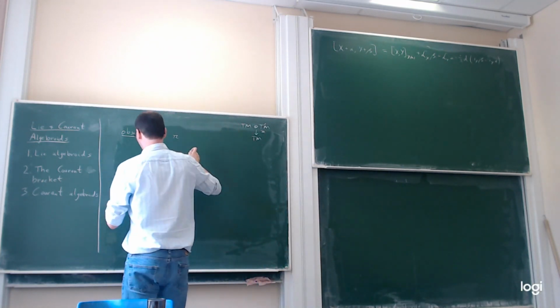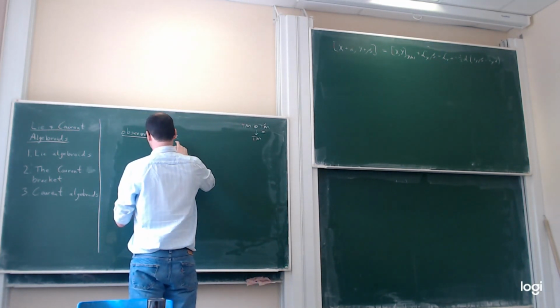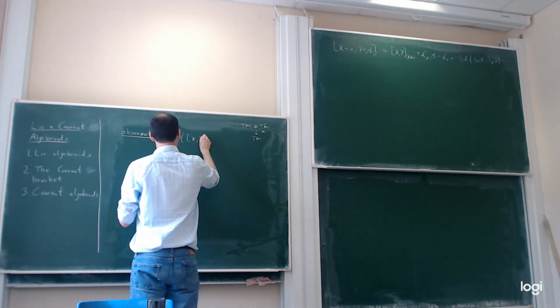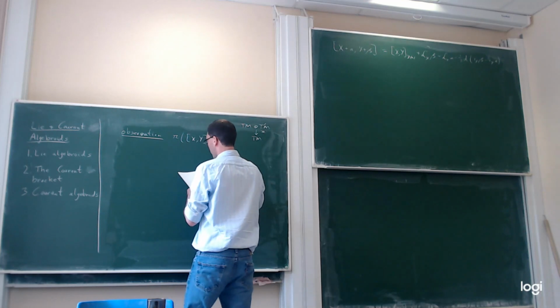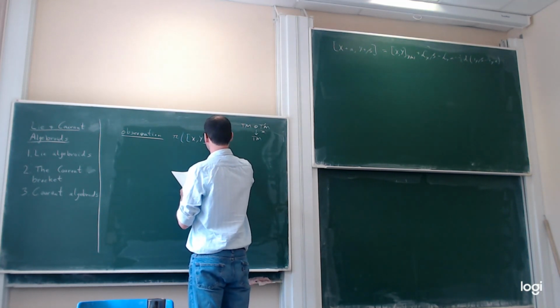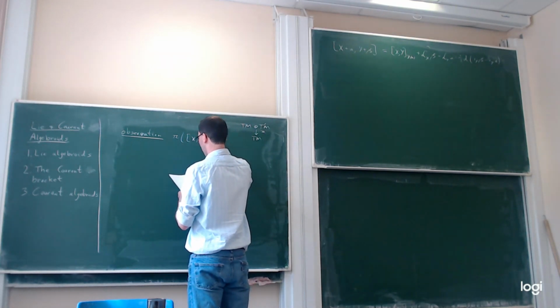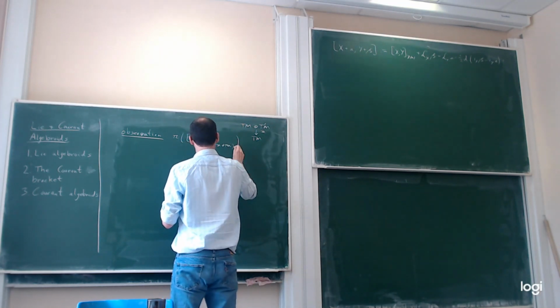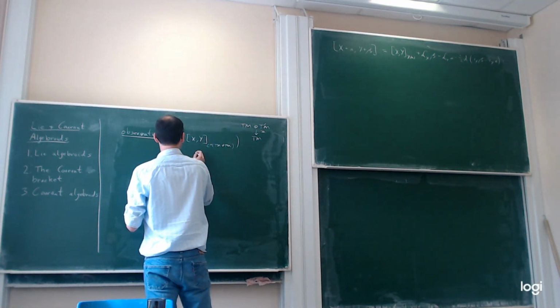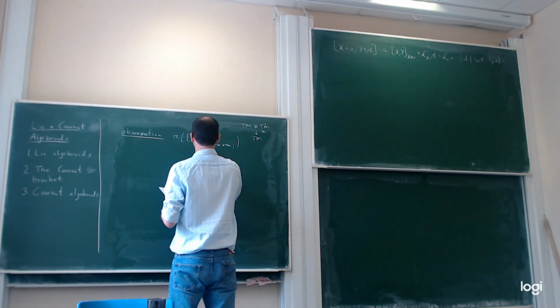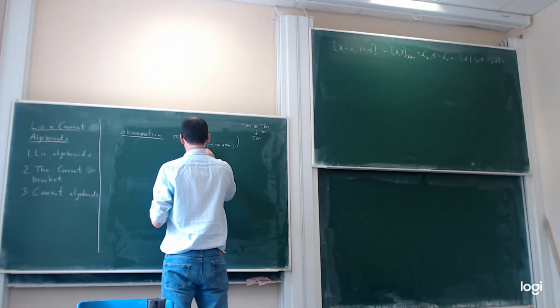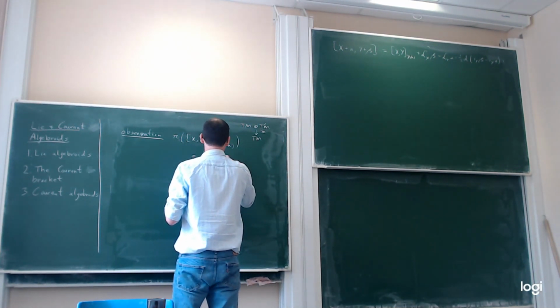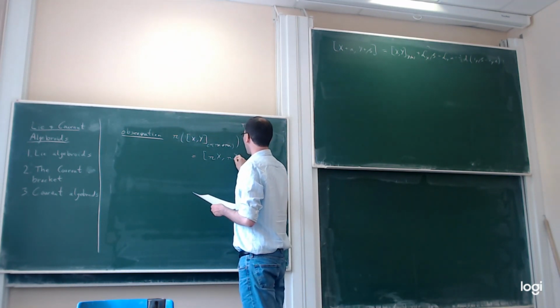So observation: pi applied to the Courant bracket of x and y. Just to emphasize that I mean the Courant bracket here, I'm going to write C infinity of TM plus T star M, is equal to the Lie bracket of pi x, pi y.